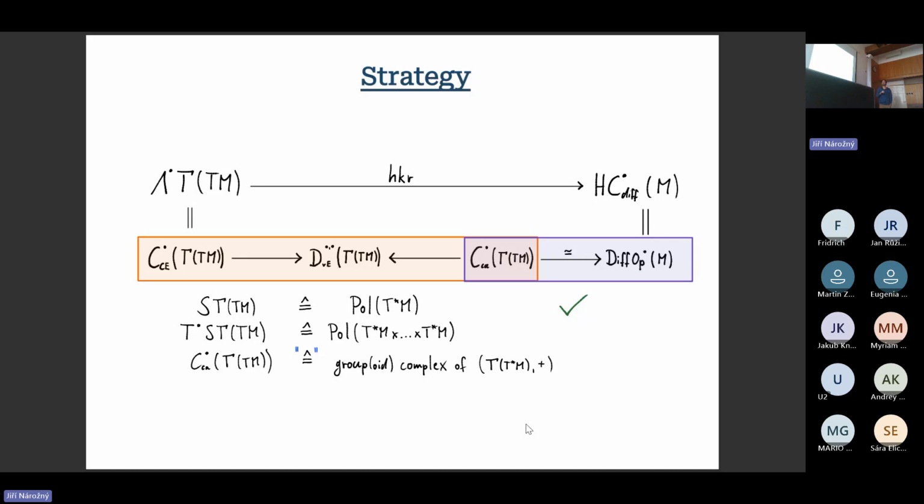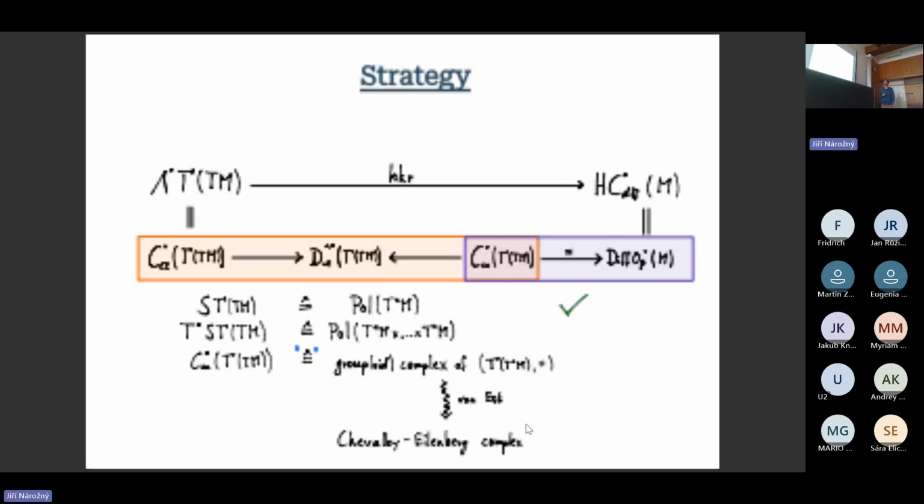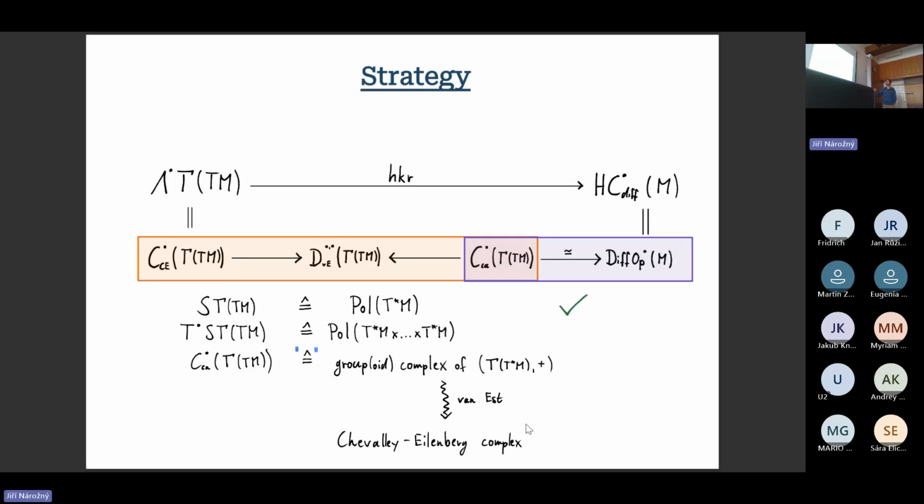So really, really simple group. So in some sense, what we want to compute algebraically here is just some sort of group cohomology. Okay. Group cohomology computing is kind of simple, because we know we have a Van Est theorem telling us that group cohomology is essentially the cohomology of the corresponding Lie algebra.